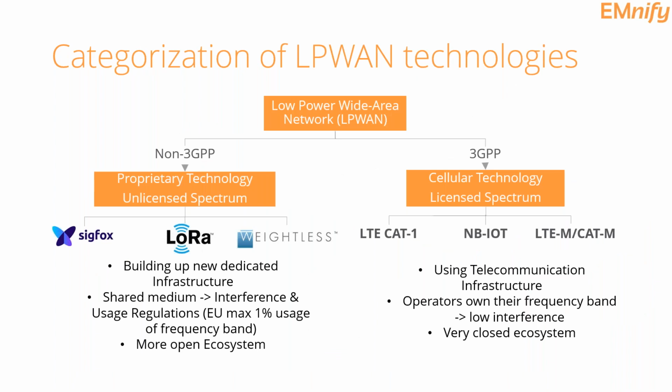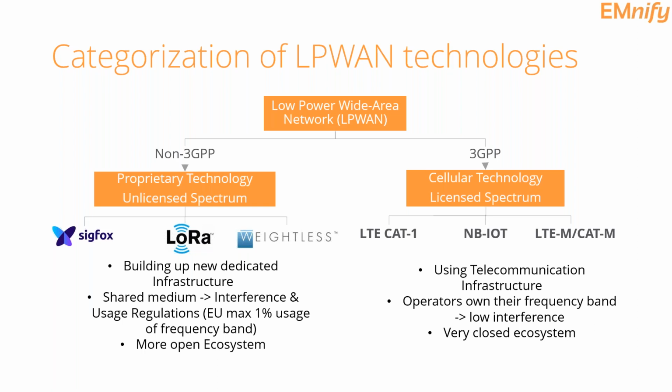Just to present a little bit of a categorization of the LPWAN technologies that are available, just a few of them. There are other proprietary technologies available, but the, let's say, three main ones on the proprietary side are Sigfox, LoRa, and Weightless.